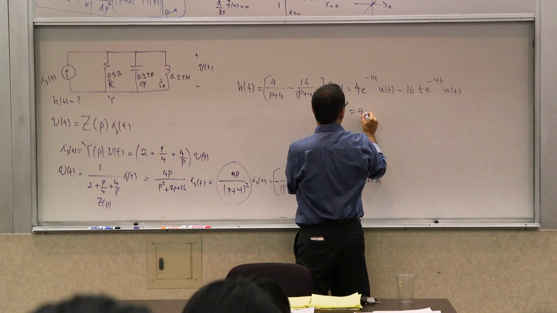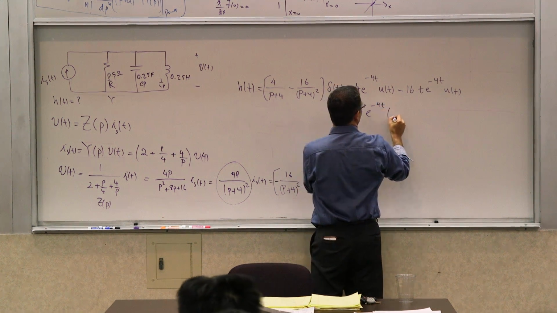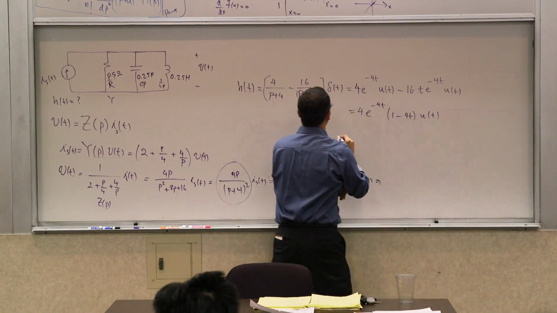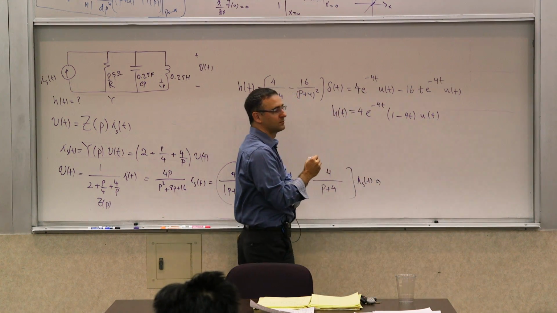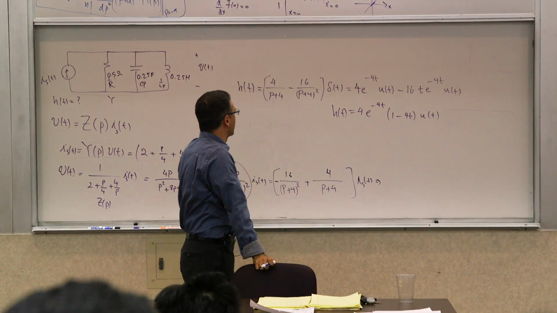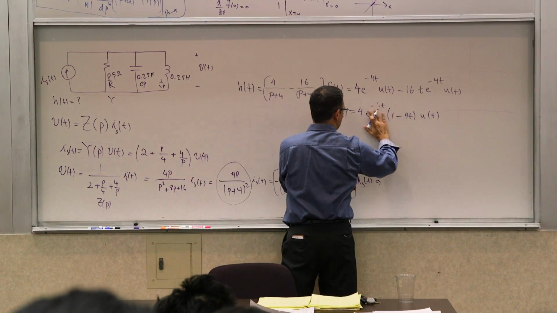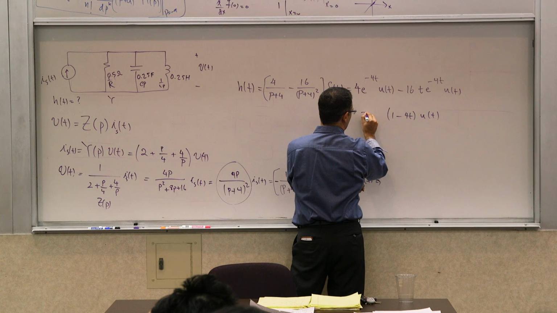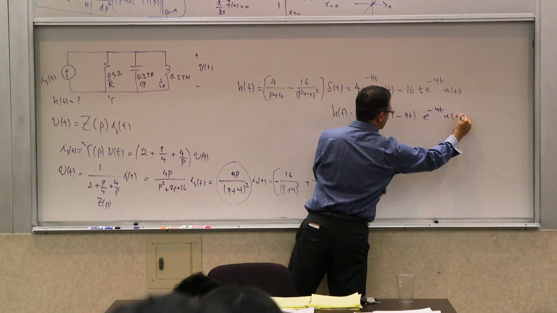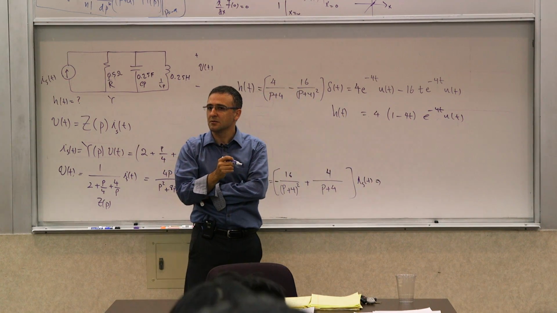So you can write it as 4e to the negative 4t times 1 minus 4t, u of t. That's the response. The more common way of writing is actually to order it this way. Okay? Make sense?